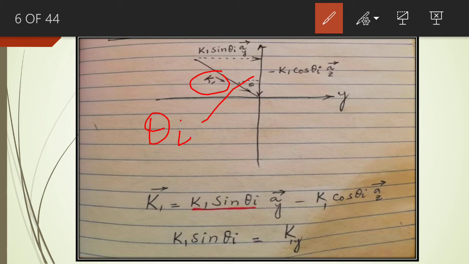We get K1 sine theta I, which is the y component of this vector, and we get minus K1 cos theta I, which is the z component of this vector K1.